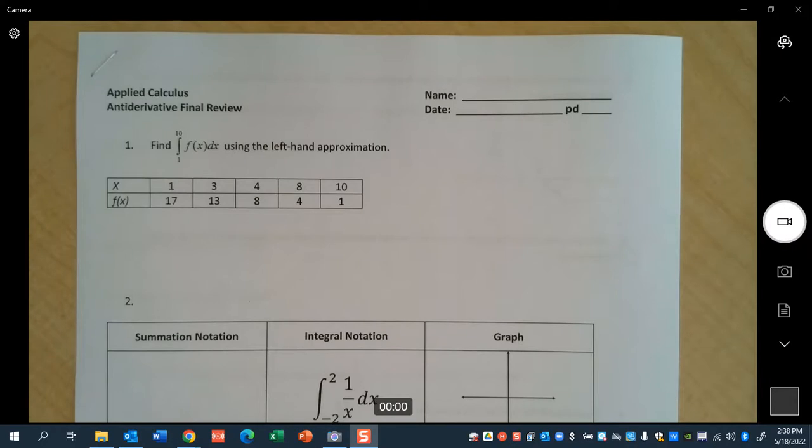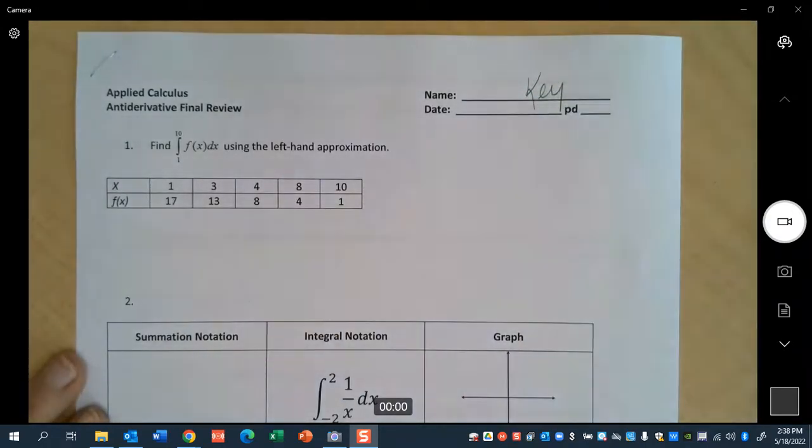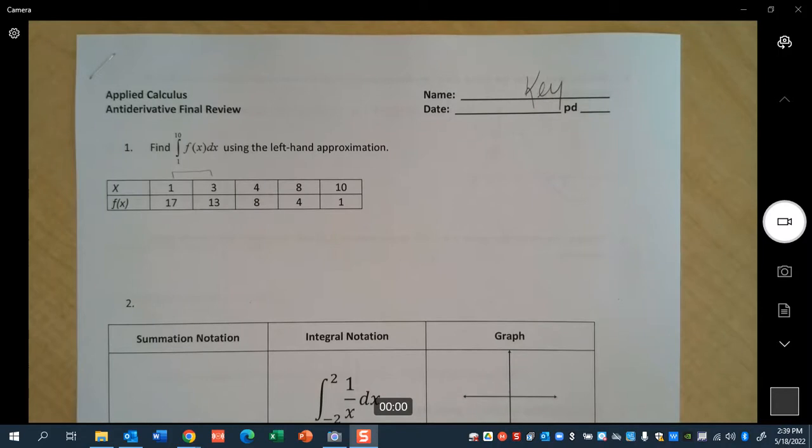So when we want to find the area under the curve between 10 and 1 of f of x using the left-hand approximation, here's the number one thing you need to look at: I do not have even intervals. Did you get this? So you have to look at each interval separately and use the left-hand sum.